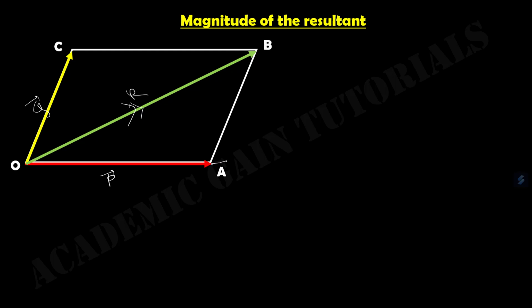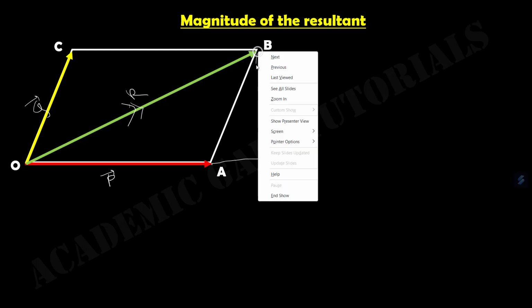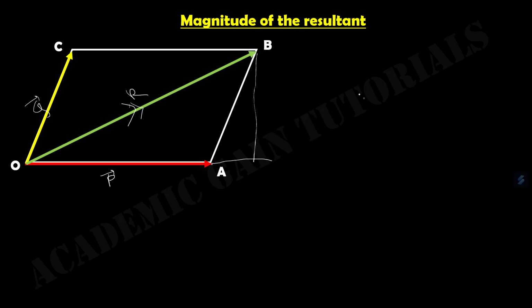So we extend this line OA and draw a normal from point B. So BN is perpendicular to ON.